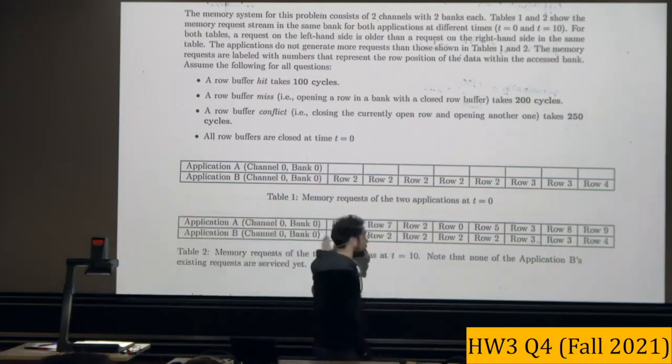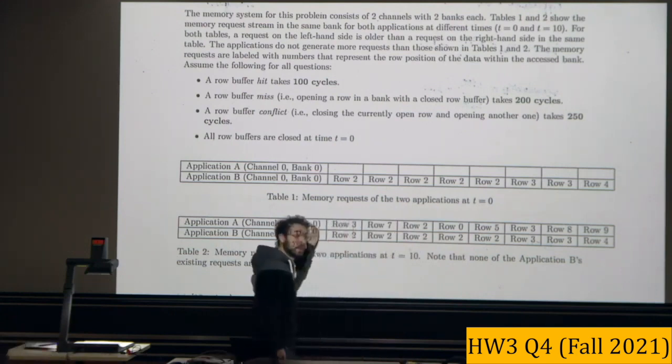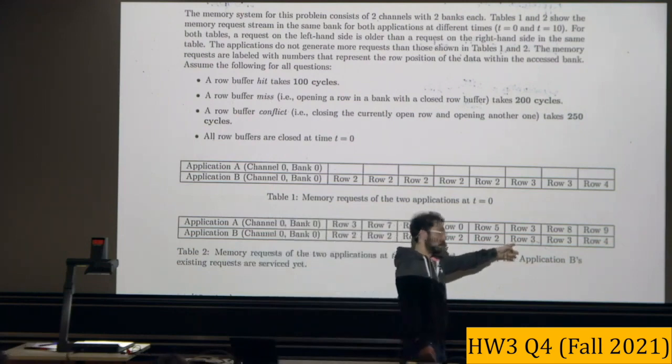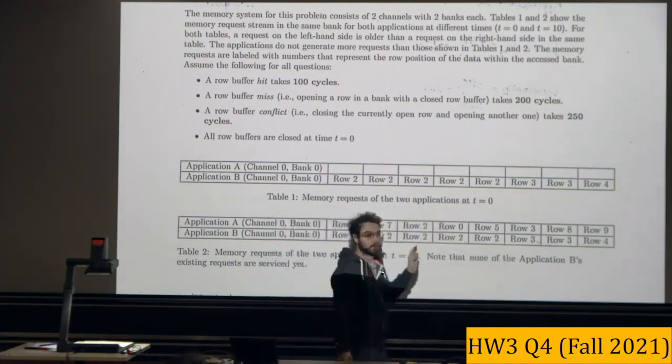We will execute this request in row 2, then 6 here, and then we do not blacklist application B because we execute a request from application A, right? So then we will open this row, row 3. We will execute something from row 3, and then nothing will be blacklisted.